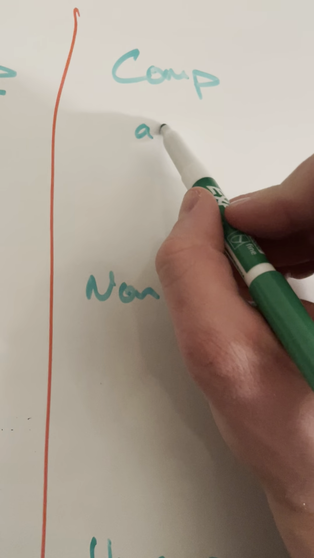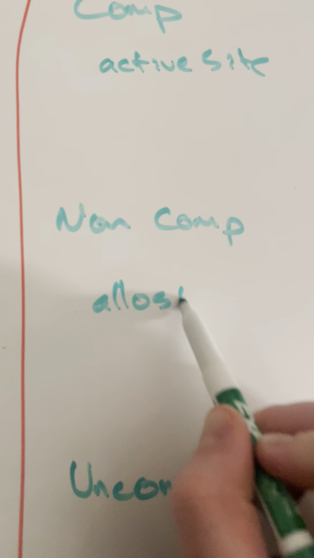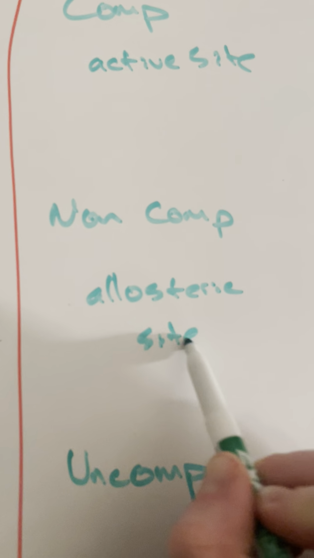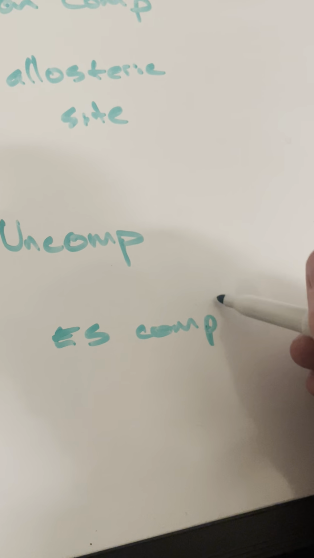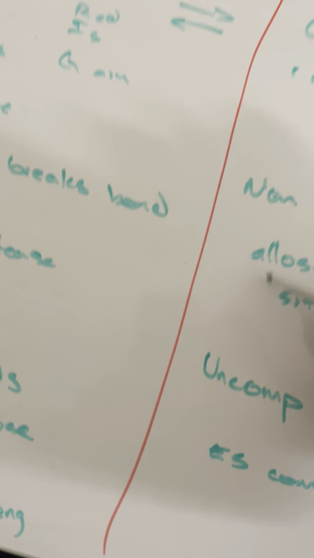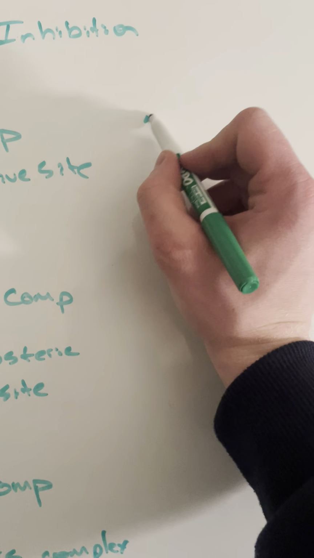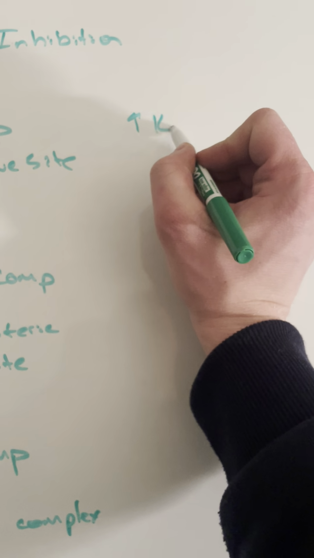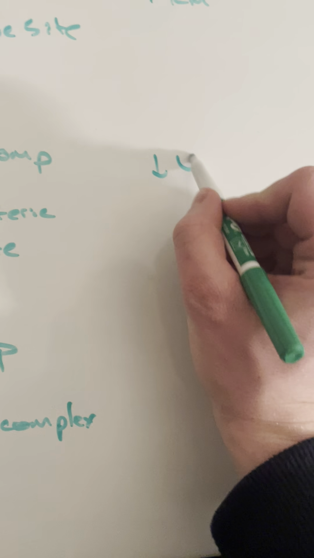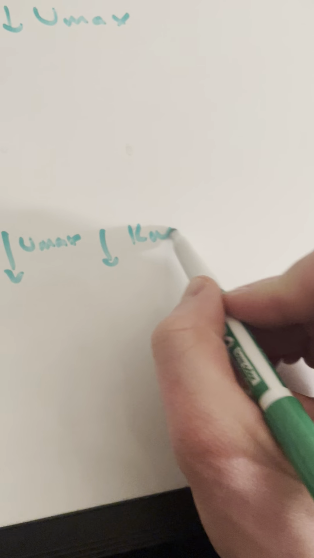Trigger words: active site, allosteric site, and ES complex. That's where all of these bind. Competitive is going to increase Km. Non-competitive is going to decrease Vmax. Uncompetitive is going to decrease both Vmax and Km.